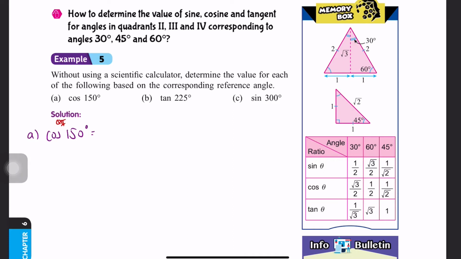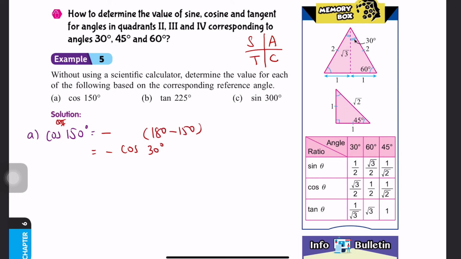Okay, biasakan dirilah lukis. All science teacher crazy, add sugar to coffee. So second quadrant only sine positive. So cos is negative. So tulislah negative. So 180 minus 150, you will get negative cos 30 degree.